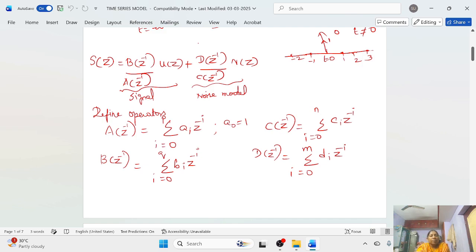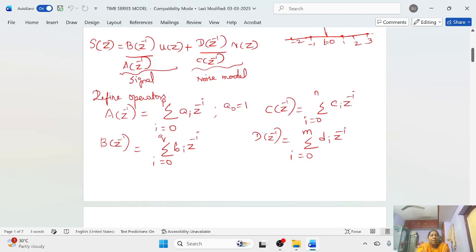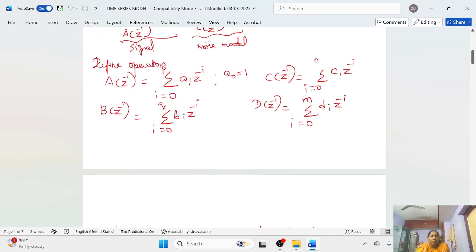Likewise, C of Z inverse is the summation from i equal to 0 to N of c_i Z power minus i, and D of Z inverse is the summation from i equal to 0 to M of d_i Z power minus i. This is how we define the signal parameter model and the noise model.